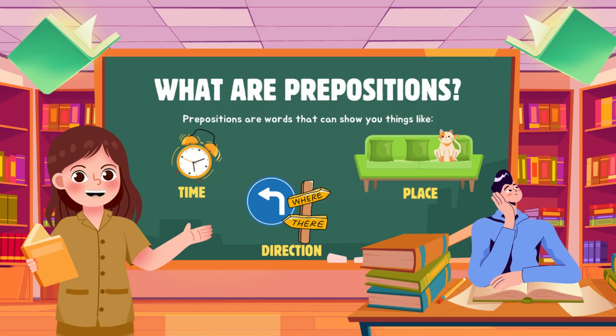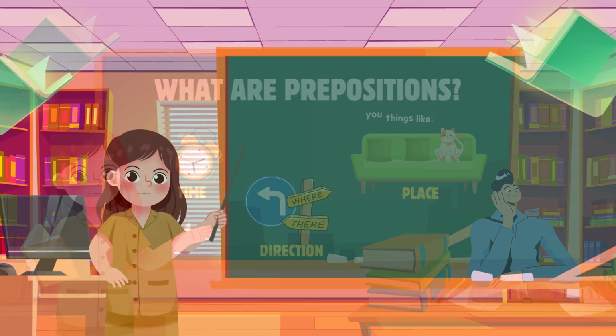They usually tell us when something happens, where something is going, or where something is located. For example, prepositions of time tell us when an event occurs. Prepositions of direction tell us about movement. And the last, prepositions of place tell us where an object is.